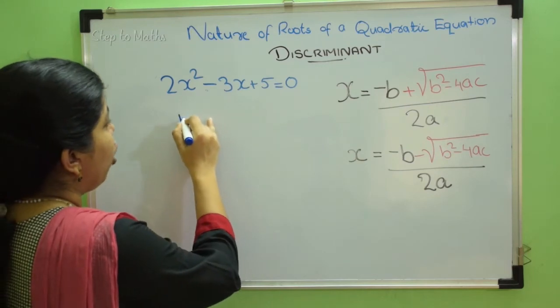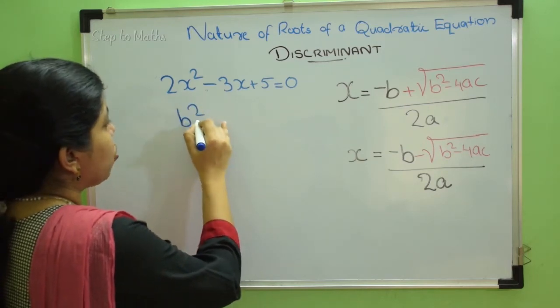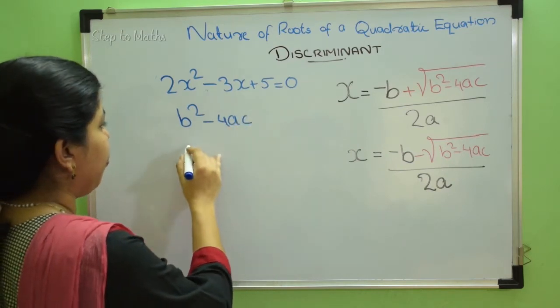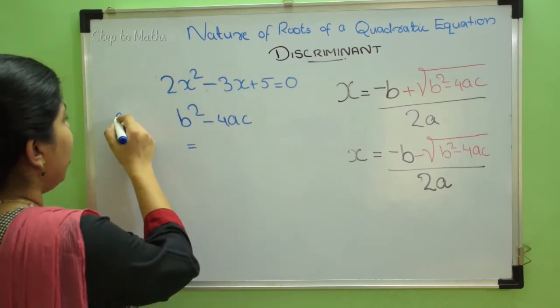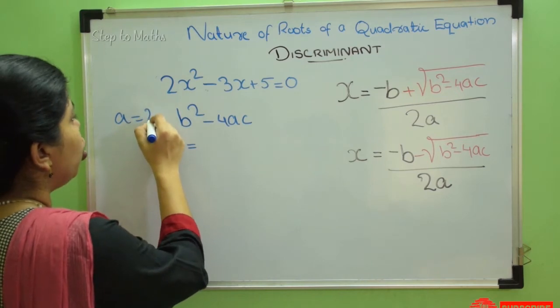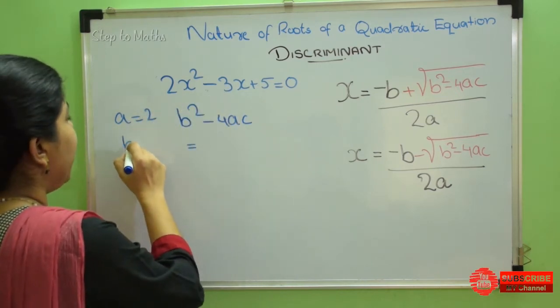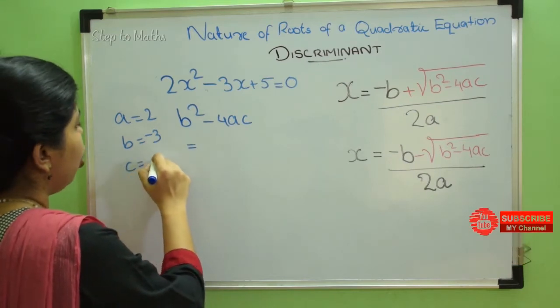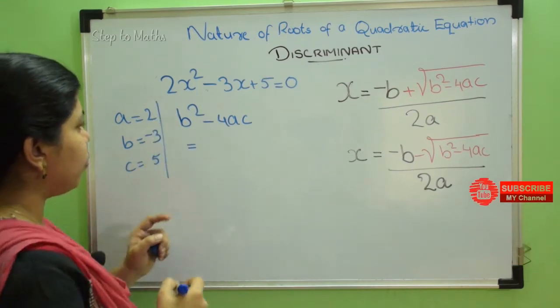So find the value of b² - 4ac. For that, the value of a is equal to 2, b is equal to -3 and c is equal to 5.